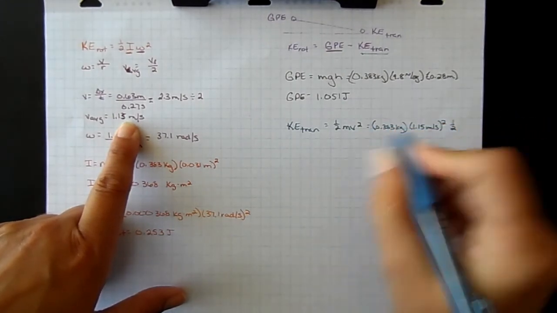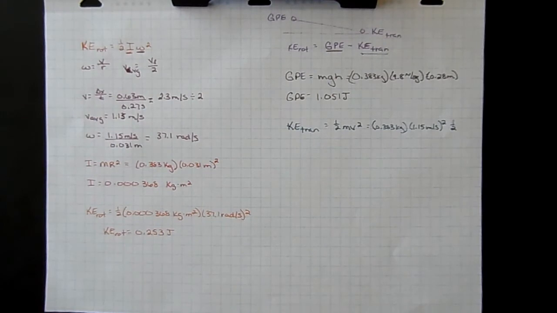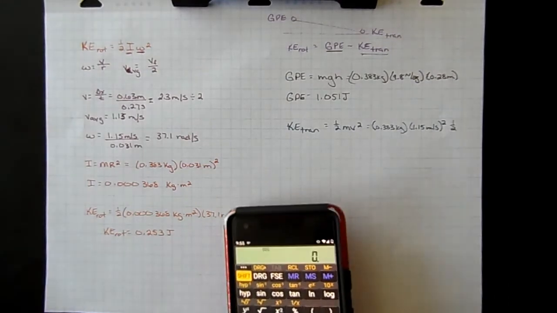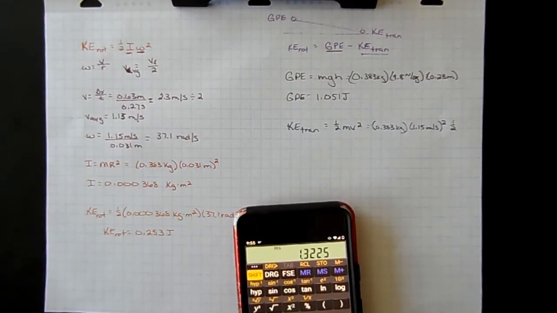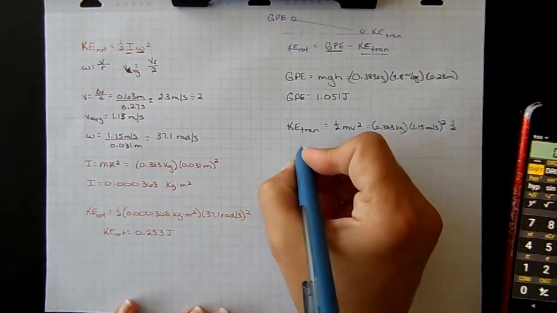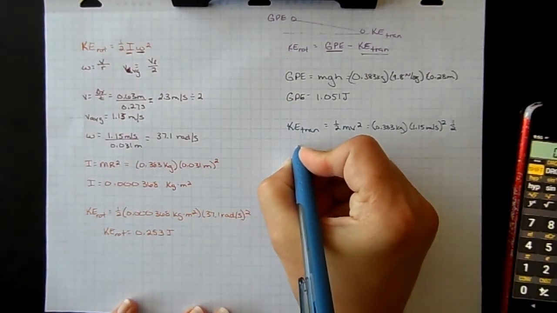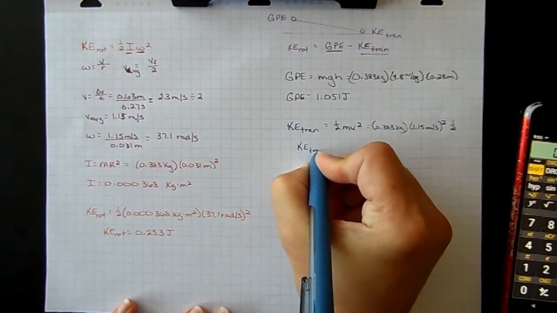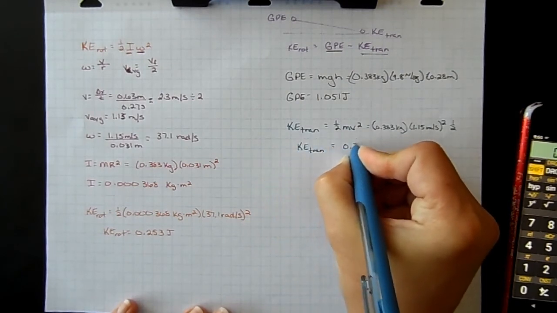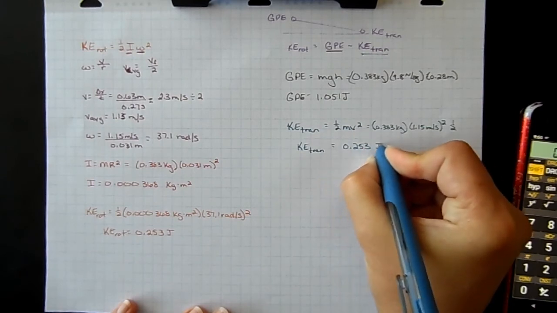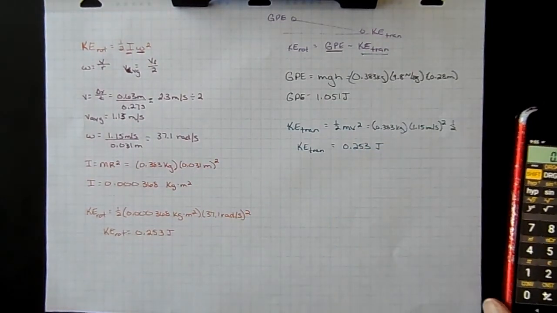And we have a half in there that I forgot to put at the beginning. So 1.15 squared times 0.383 divided by 2 gives us our translational kinetic energy as 0.253 joules.